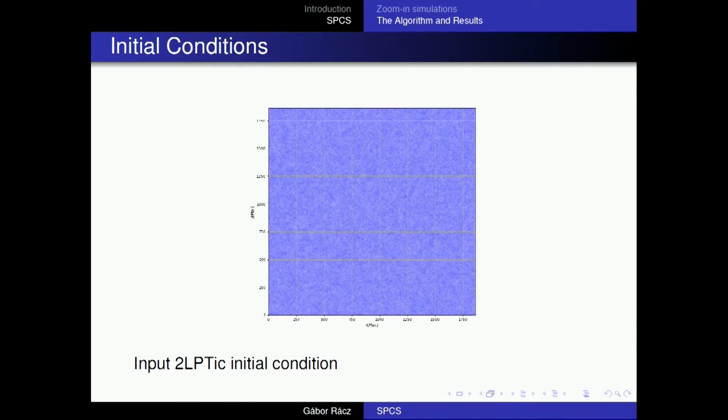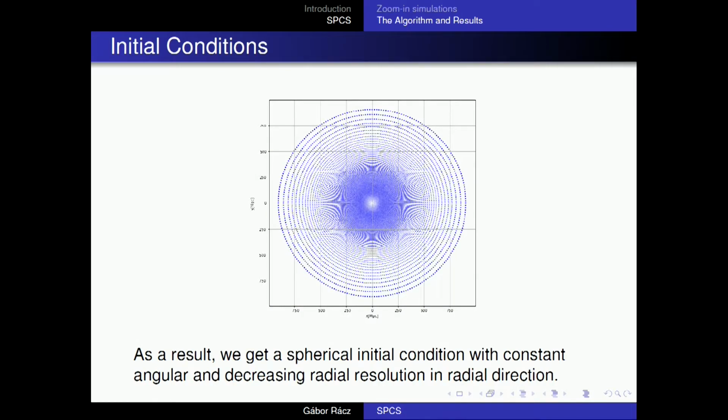In this case, this is the same as what I showed you before, so it has more than 300 million particles. And after we do this transformation, this is what we get. We got spherical initial conditions with constant angular and decreasing radial resolution.